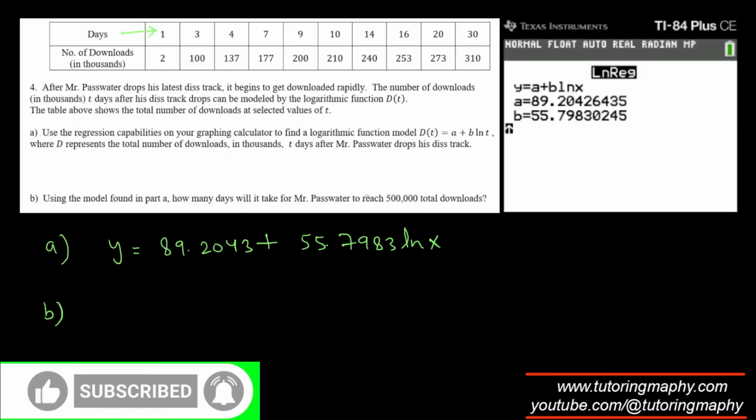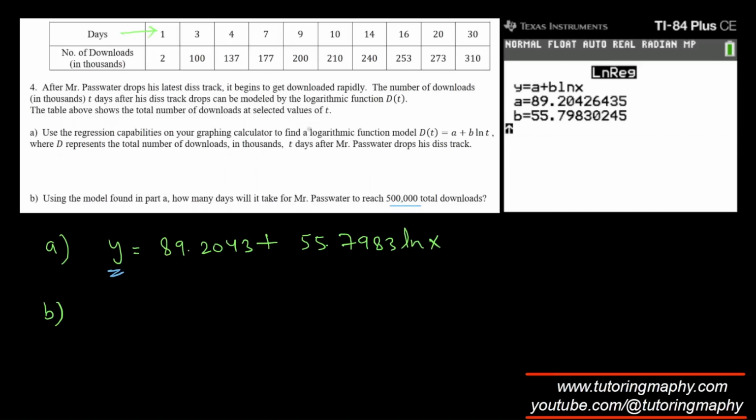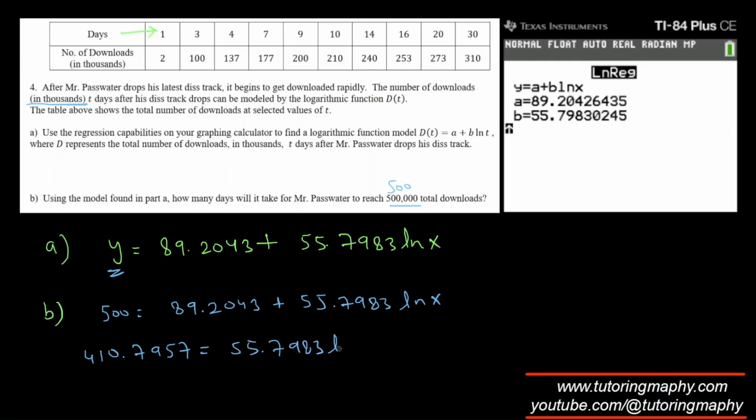So we just replace y with, but be careful, y is not really replaced by 500,000 because y is already in thousands, right? So you'll replace y with only 500. So 500 will be equal to 89.2043 plus 55.7983 ln x. Subtracting both sides by 89.2043, we get 410.7957 is equal to 55.7983 ln x.